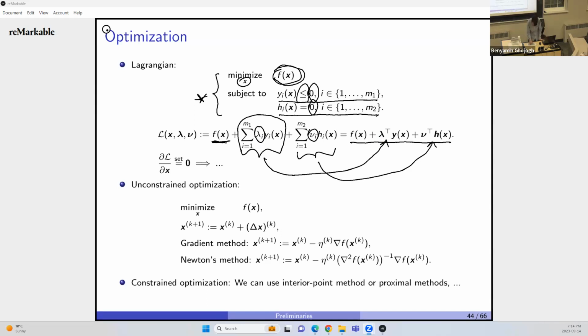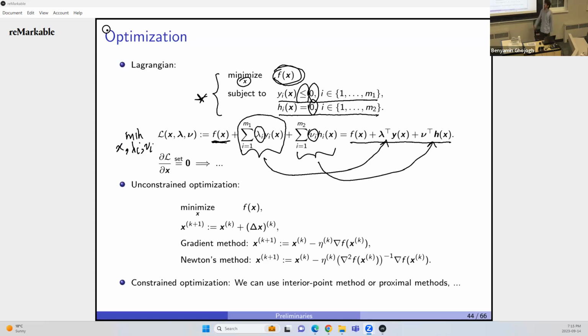Rather than saying minimization of this f of x subject to these constraints, the method of Lagrange multiplier says just minimize the Lagrangian. Minimize this. However, this time, in addition to the optimization variable x, which was the primal optimization variable, we should optimize with respect to the weights as well, which are the Lagrange multipliers, lambda i's and nu i's.